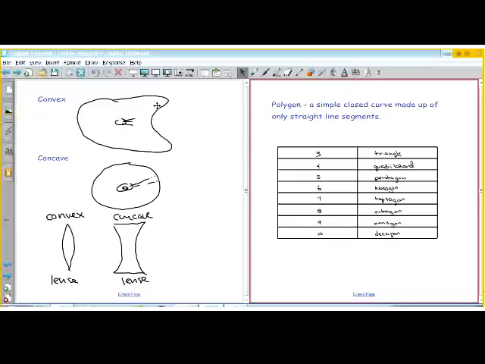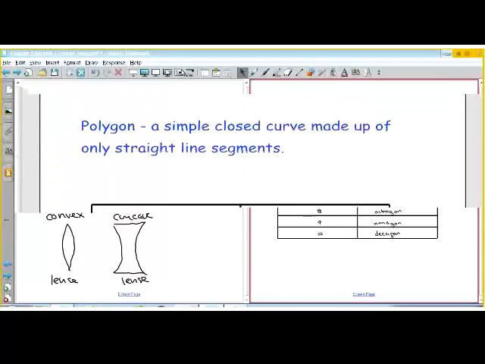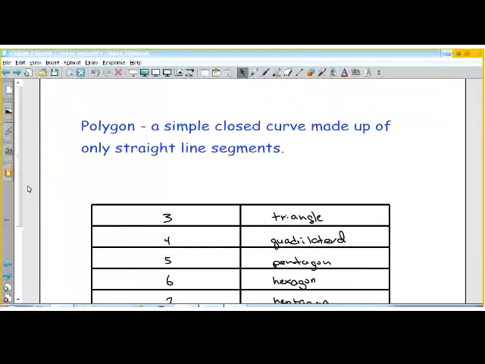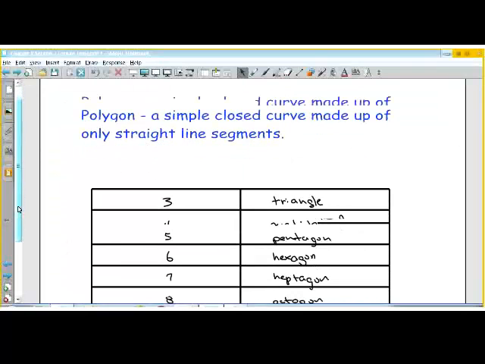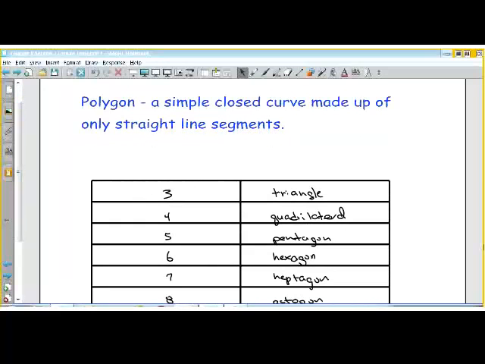Now we're going to talk about other kinds of closed curves that are made up of straight line segments, called polygons, and they're classified according to how many sides they have. You have to have at least 3 sides, because if you just had 2 sides, you'd just have a flat thing. So you've got this side, and then a third side. The simplest polygon is a triangle.